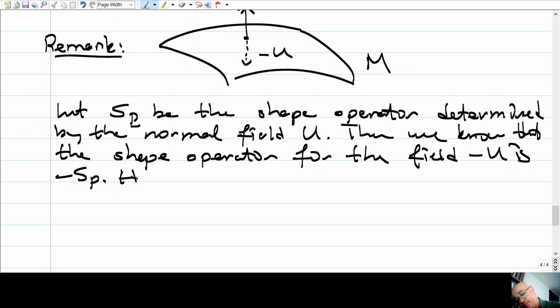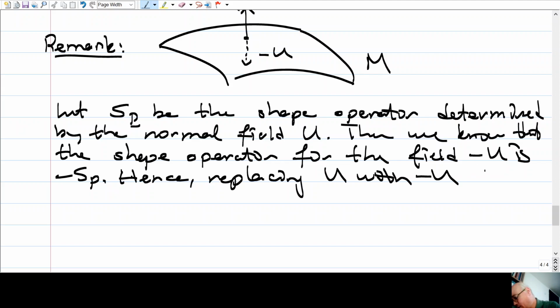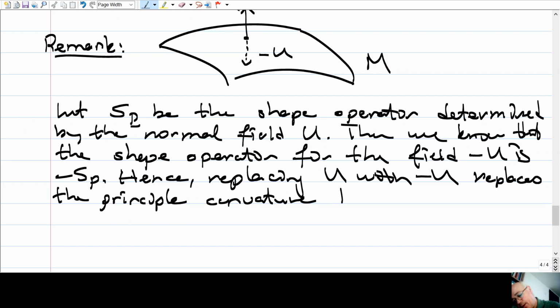Hence, replacing U with minus U replaces the principal curvatures K1 and K2 by minus K1 and minus K2.